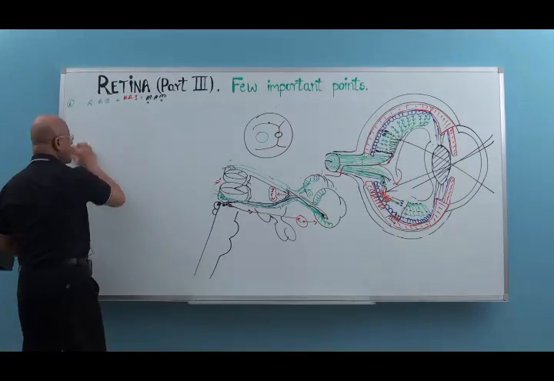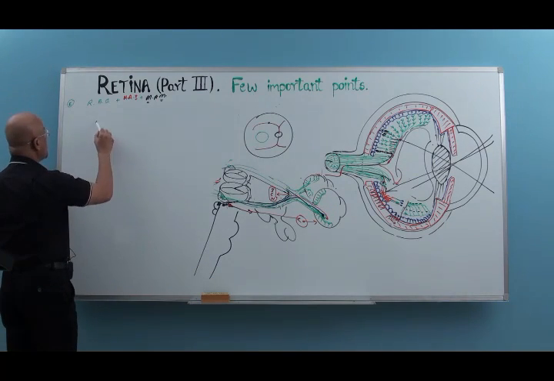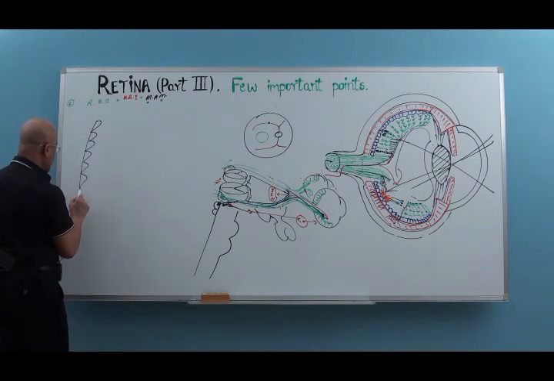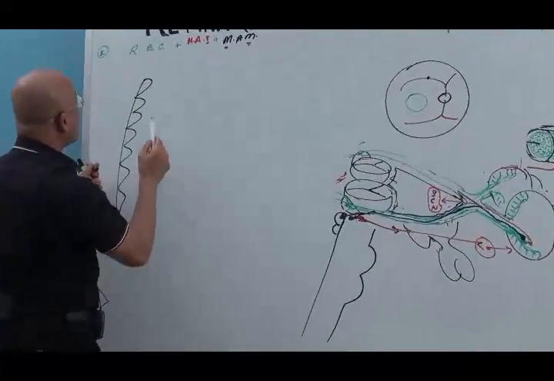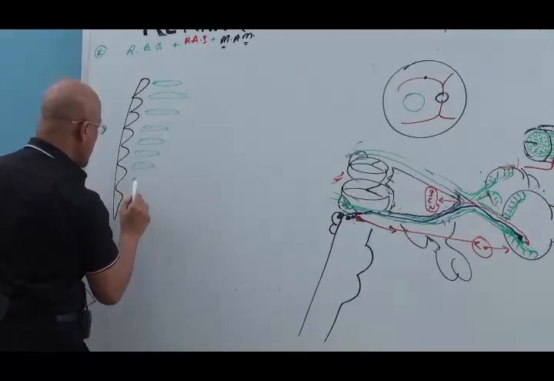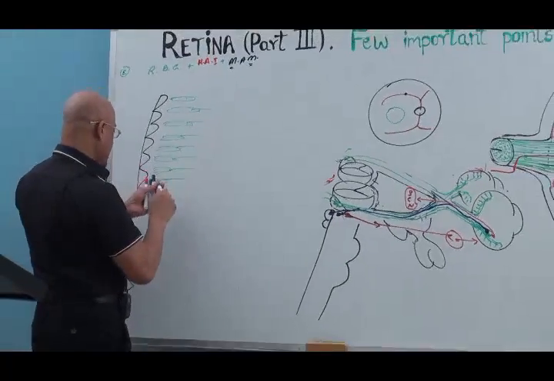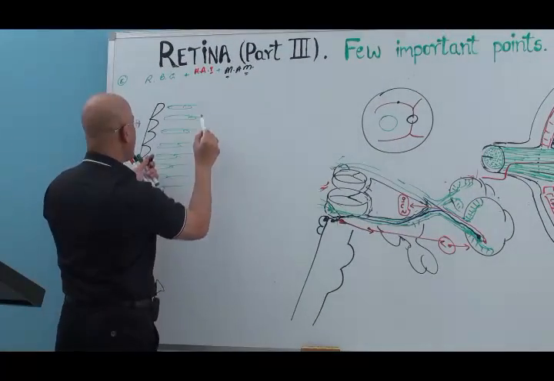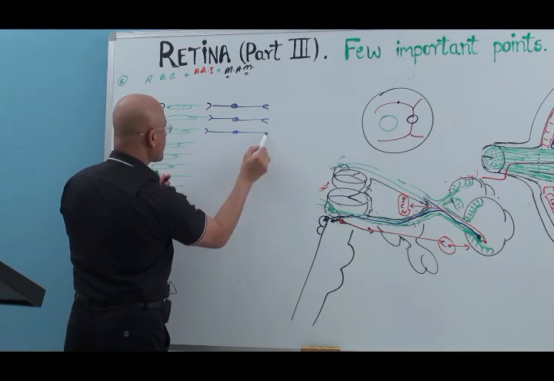Is that right? Now, this was, let's suppose, your epithelium. I'm making a very simple diagram. These are, let's suppose, your rods and cones, right? And here are your bipolar cells.